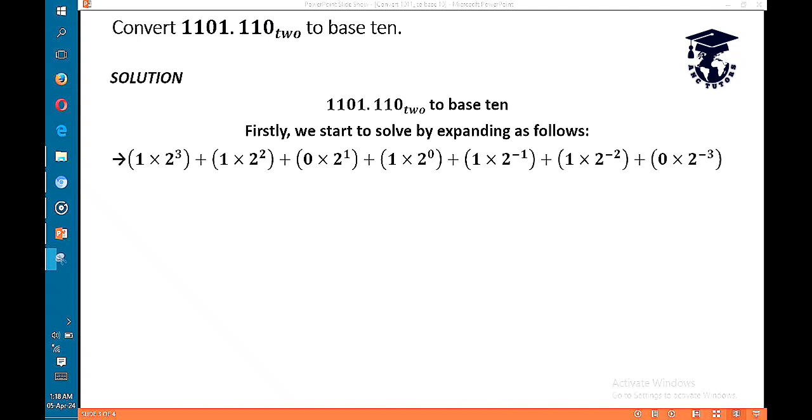Looking at the question, the decimal point is between the fourth digit and the fifth digit. So the power of 0 will start counting on the digit just before the decimal point, and that will be the fourth digit.